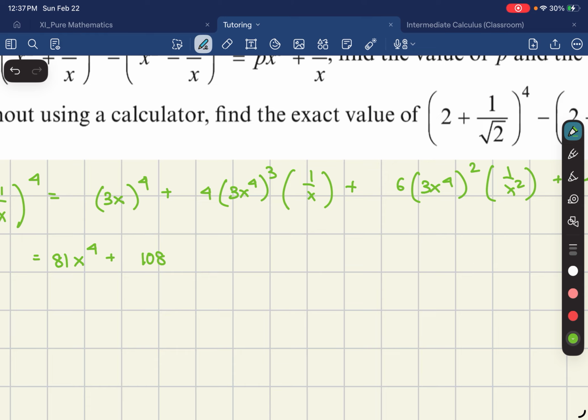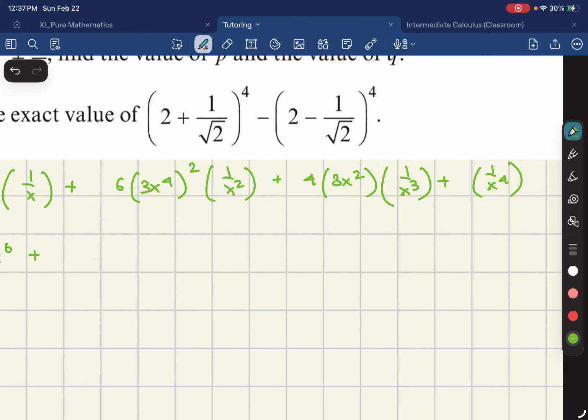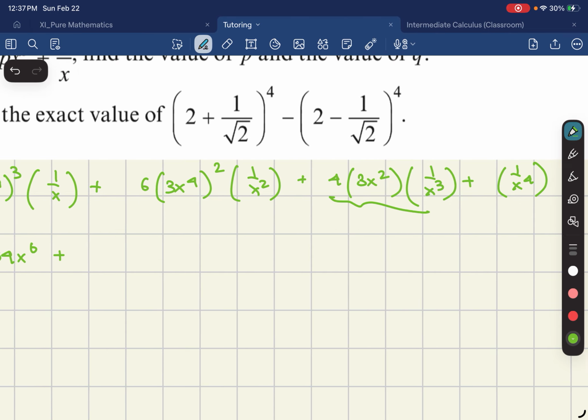You have x to the power 4 times 3 is 12, so we have x to the power 12 by x. So that is x to the power 11 plus 3 squared is 9. 9 times 6 is 54. You have x to the power 4 times 2 is 8. 8 minus 2 is going to give me x to the power 6. And we have here 4 times 3 is 12, x squared by x cubed. So that is 12 over x.